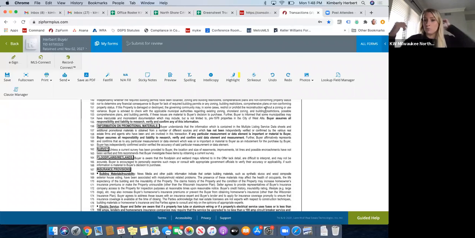I think it's maybe assumed that if permits were pulled, then they've been closed out. But yeah, I think I would just have the conversation with the buyer, and if it sparks concern with them, yeah, I think we would want to know if these permits have been closed out. Then you can take it upon yourself to call on their behalf.